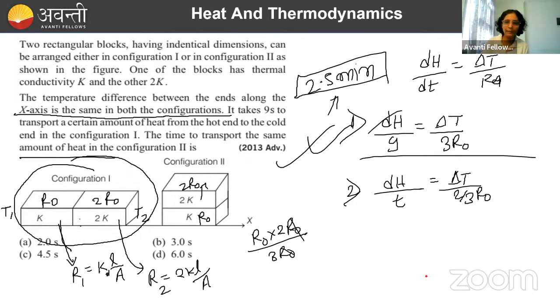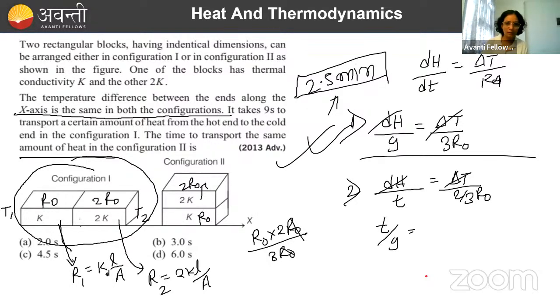Now divide these two. dH will get cancelled, delta T will get cancelled. T by 9 will be equal to how much? 3 by 2 into 3. And I wrote it wrong. One second, do the calculation properly. This is 2 by 3 now, so this is upside down now.